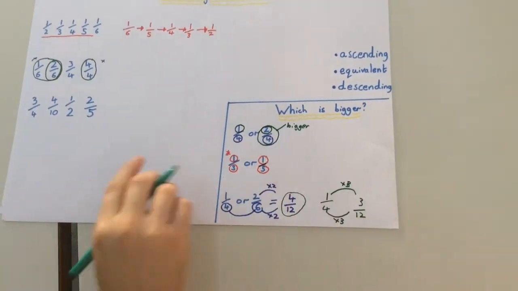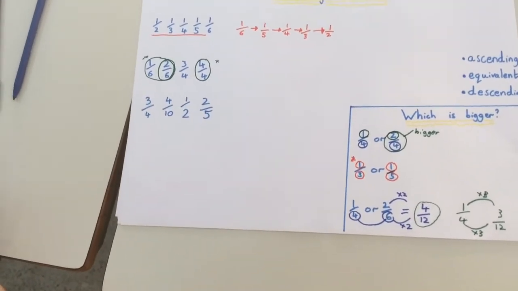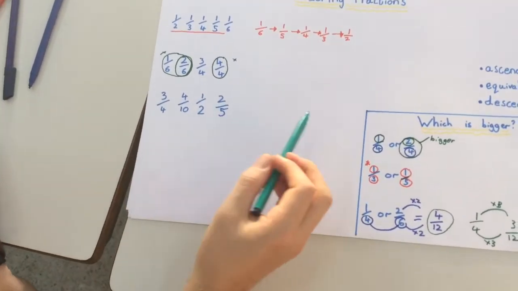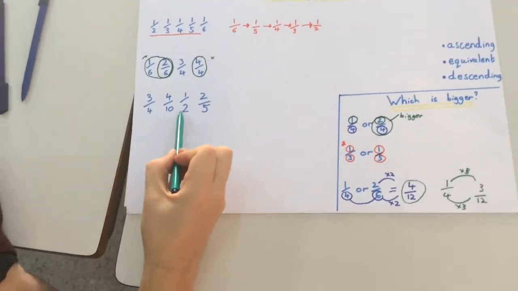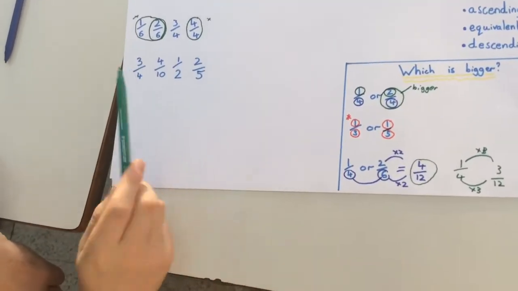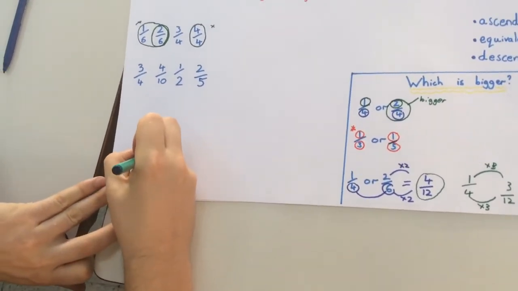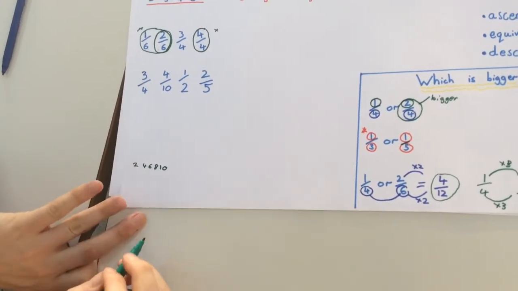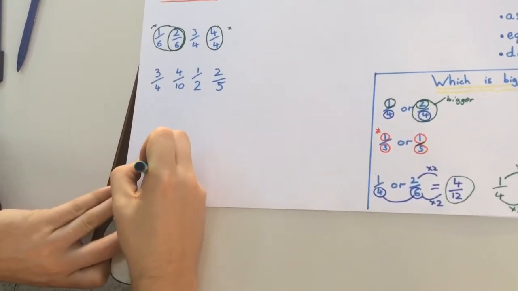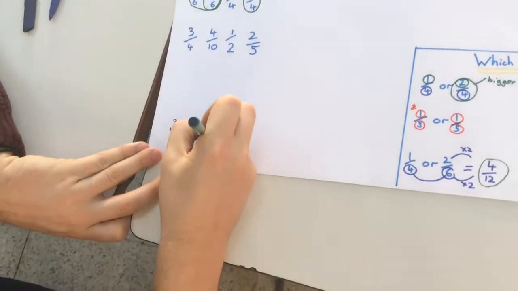Now I'm going to use what I just did there to help me order these fractions here. Now I need a number in the denominator which they're all in the same times table, multiples of each other. Well, let's just jot them down. 2, 4, 6, 8, 10 in my 2's. Let's jot our 4's down. 4, 8, 12, 16, 20.